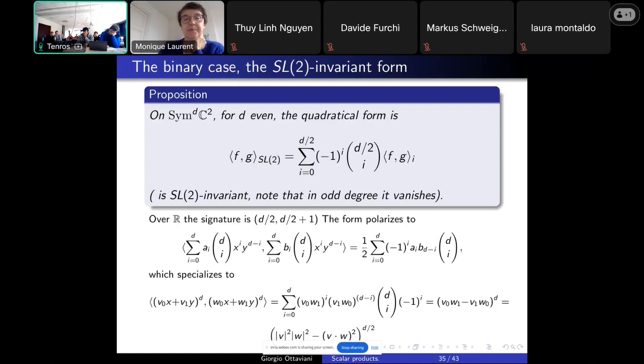Yes. Bernard. If we are interested in the skew-symmetric, anti-symmetric tensors, do we have a similar result?